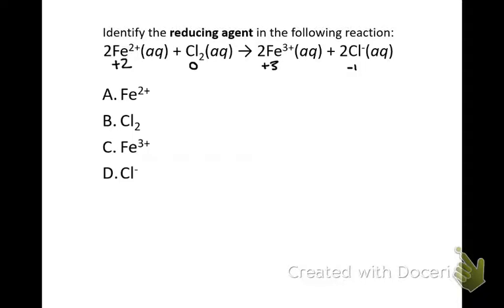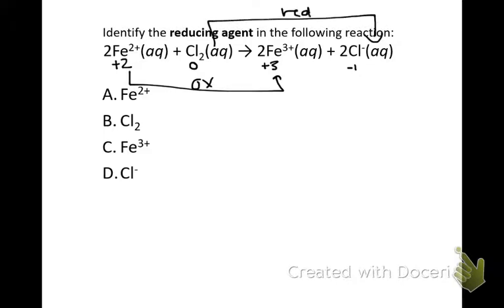So we see that iron is being oxidized and chlorine is being reduced. The reducing agent is the thing that is causing reduction of chlorine, so the reducing agent must be iron 2+. And it's iron 2+, not iron 3+, because the reducing agent or oxidizing agent is always the reactant.